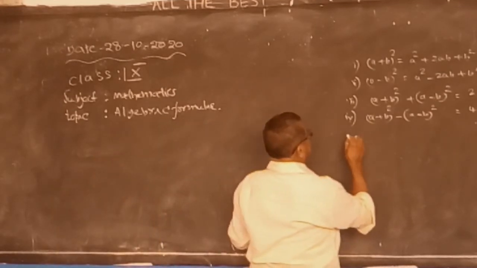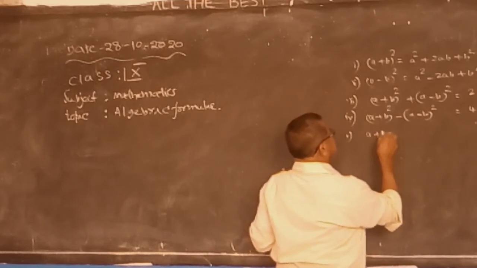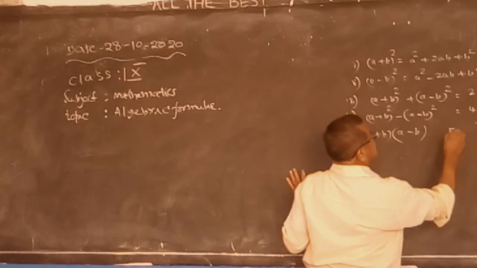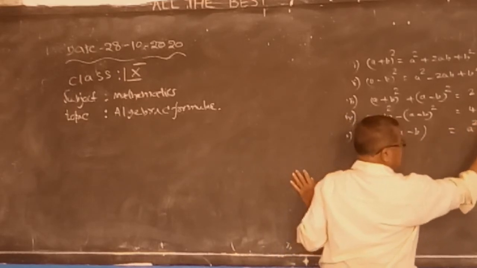See, fifth, product of sum of two numbers and their difference: a square minus b square.